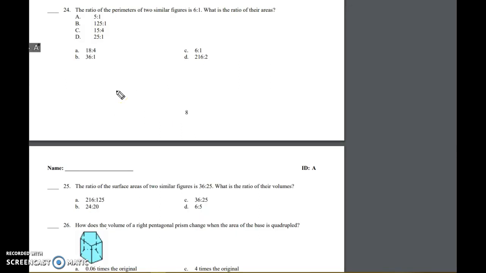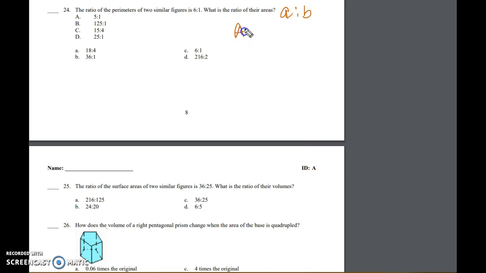Oh, dimensional change problems. This is where it all started. All right, number 24. The ratio of the perimeters of two similar figures is 6:1. What's the ratio of their areas? Okay, well, the ratio of the perimeters, we have A to B. That's the ratio.